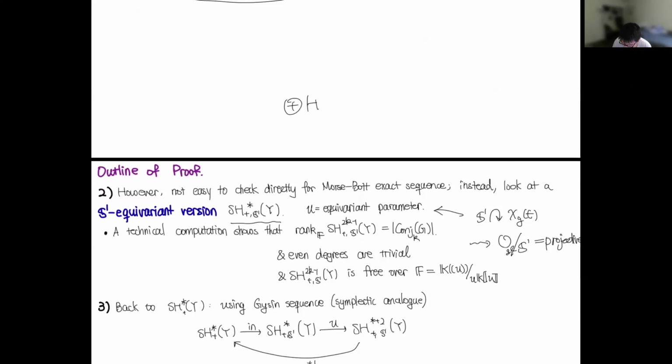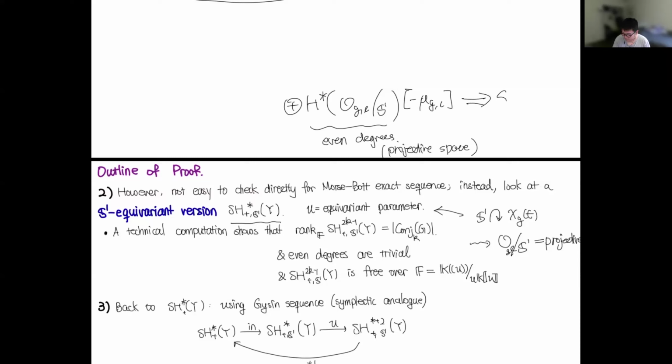So now you consider the spectral sequence of the orbit space quotient by S1, which is now only supported in even degrees because it's projective space, with a degree shifting. And for degree reasons, this degenerates at E2. So this just honestly degenerates.